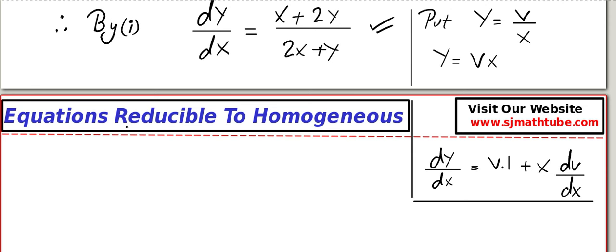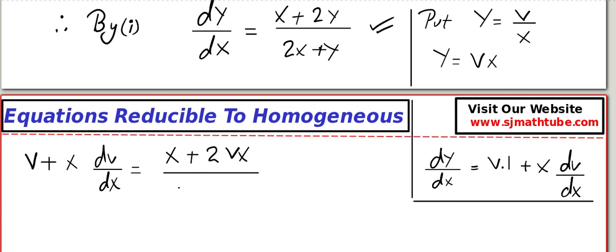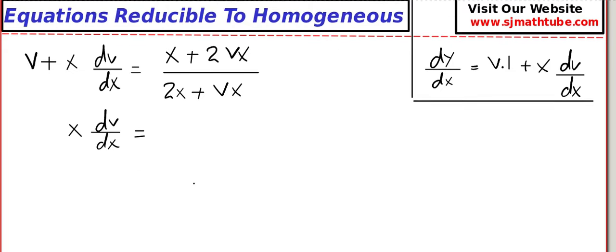Now let's plug in: V plus X dV by dX is equal to X plus 2VX the whole divided by 2X plus VX. So X dV by dX is equal to, you can see that X floats outside and gets cancelled.